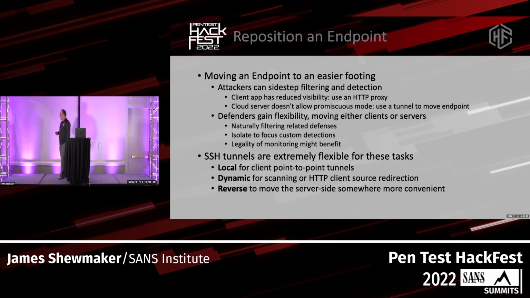You may have used some simple ones like a local, I want to listen on a port and just map it to the other side of my SSH connection. That's not really all that creative by itself, but maybe you're a little less familiar with the other ones. The dynamic one basically is creating more like a SOCKS style proxy, where any connections coming in one side, the client side, will come out dynamically the other side.